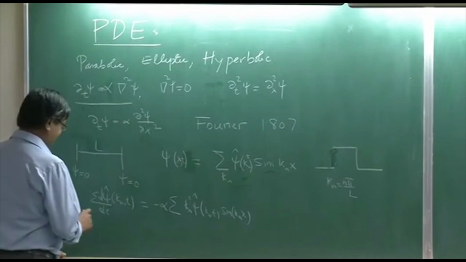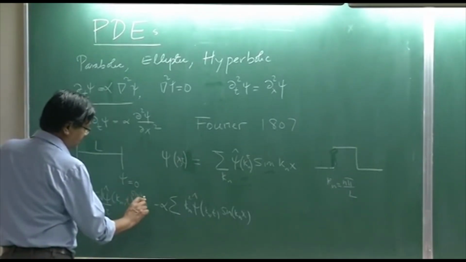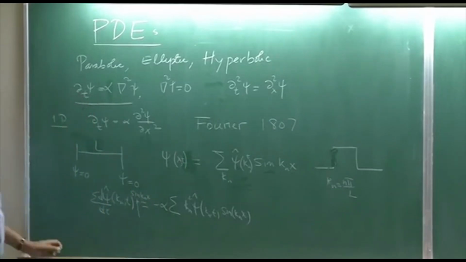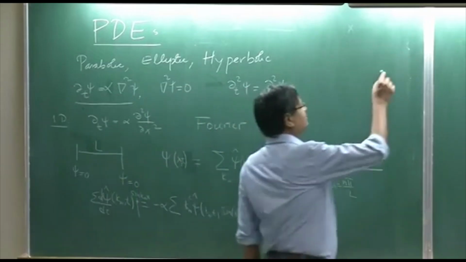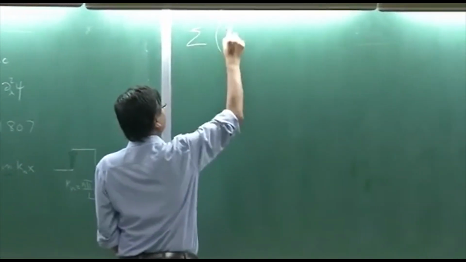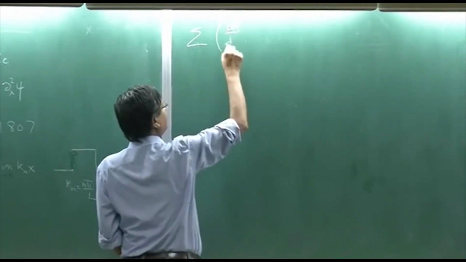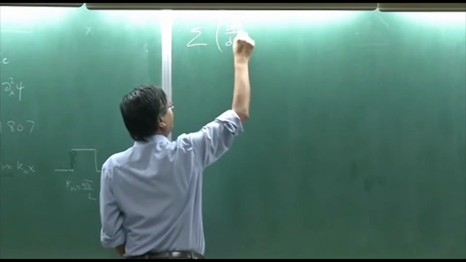I forgot, I had to put a sin(k_n x) here. So I can take it to the left-hand side, and I can write it like this.